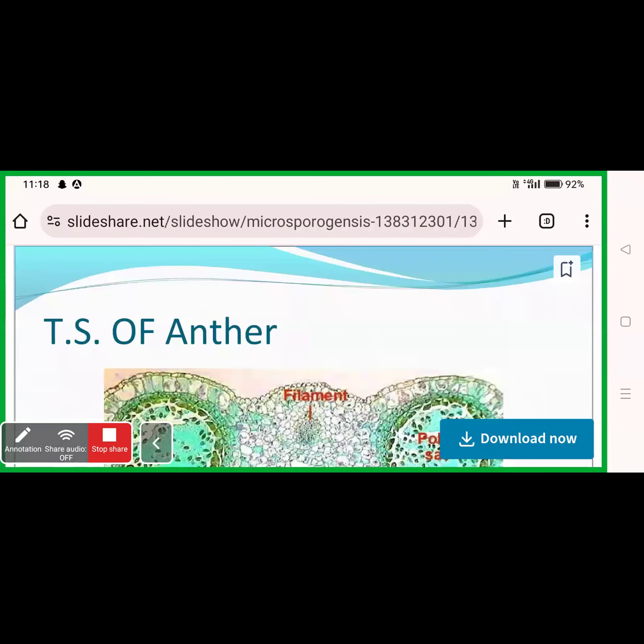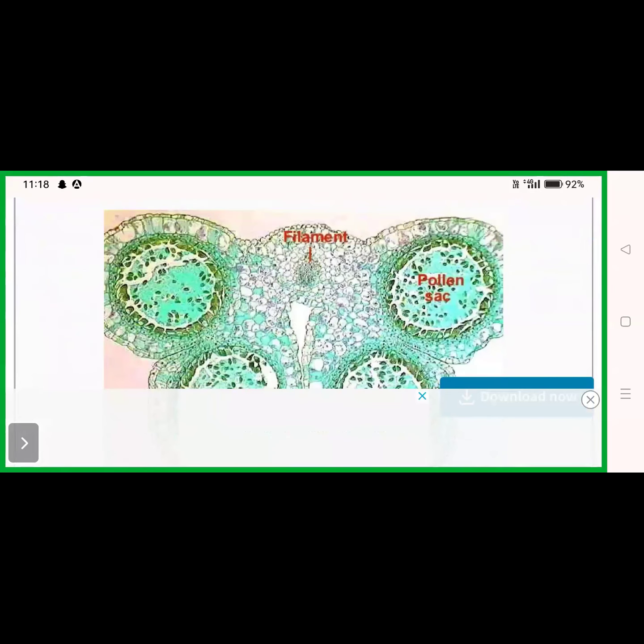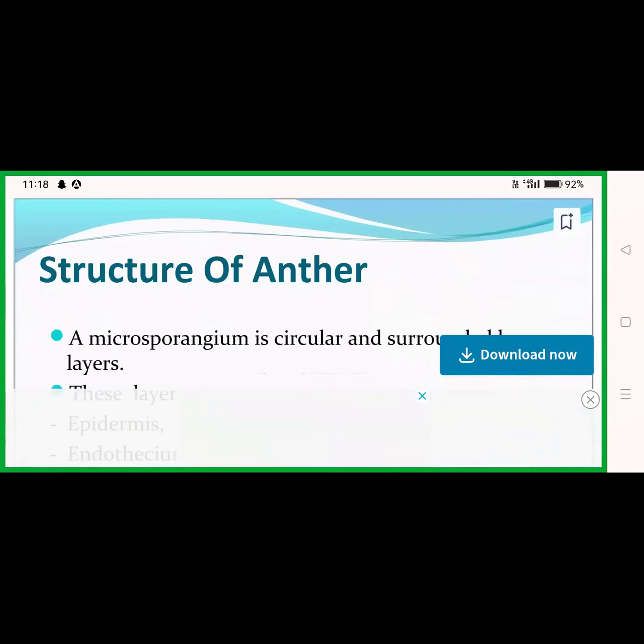Coming to the types of tapetum, two types are present in angiosperms: amoeboid tapetum and secretory tapetum. The amoeboid tapetum is also called plasmodial tapetum. In this type, the inner and radial walls of the tapetal cells break down early due to the action of hydrolytic enzymes. See here, what change do we observe in the sporangium?